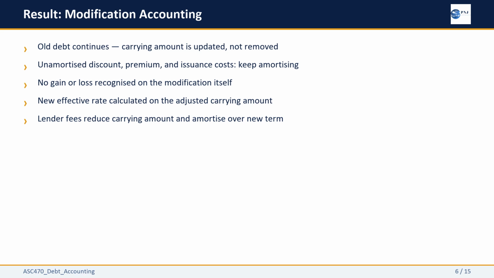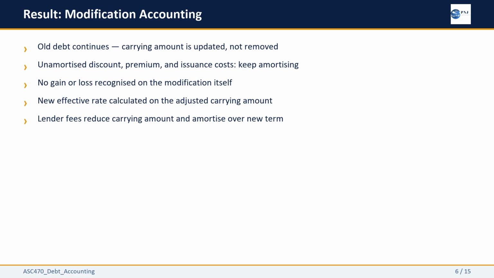When the test comes in at 10% or less, you are in modification territory. Here is what that means in practice. The old debt does not disappear, you carry it forward. Any unamortized discount, premium, or issuance costs that were sitting on the balance sheet before the change continue to be amortized over the remaining life of the debt. You do not write them off.